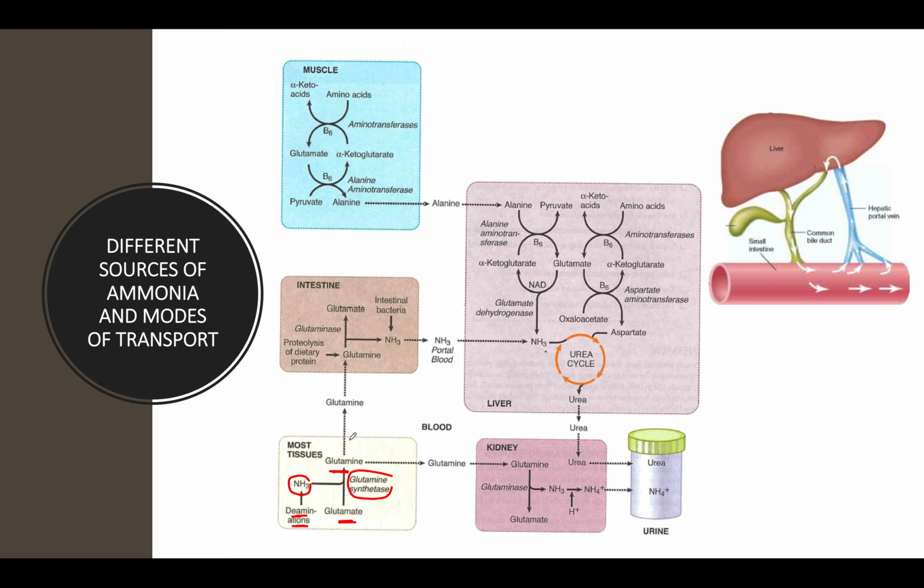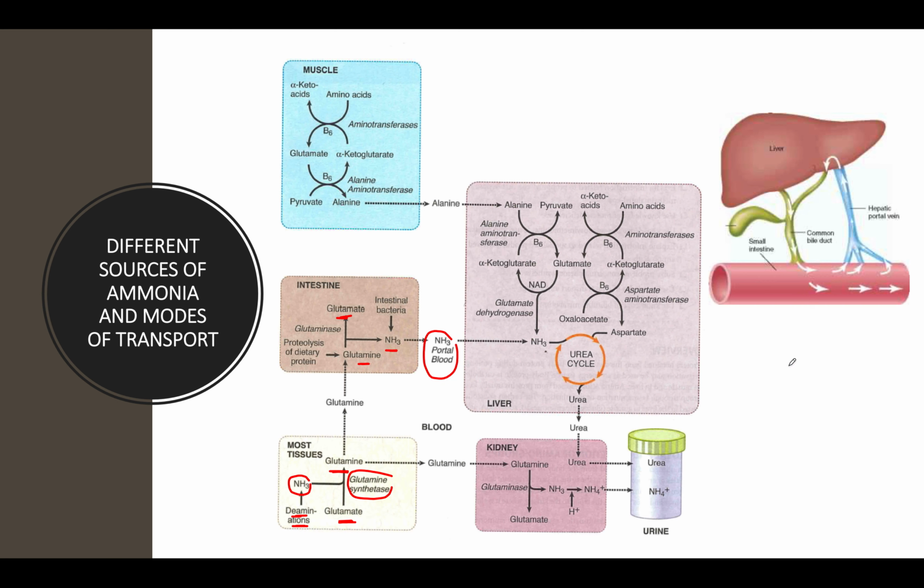Glutamine is carried by the blood to the intestine. In the intestine, glutamine is converted back to glutamate, and during the formation of this glutamate, the ammonia is released, and ammonia by portal circulation is carried to the liver.